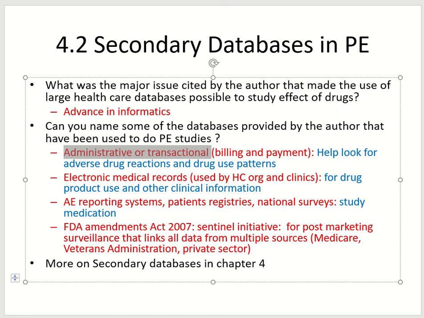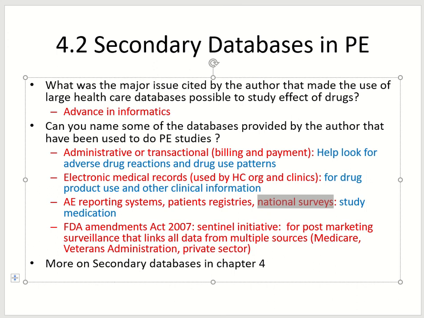So secondary databases are, for example, administrative or transactional. They could be electronic medical records. They could be coming from adverse events reporting system, outpatient registry, or national surveys.